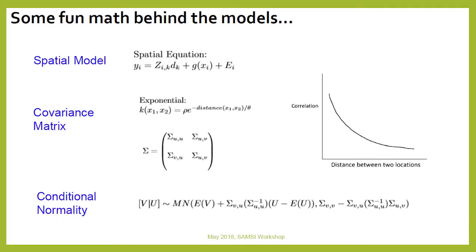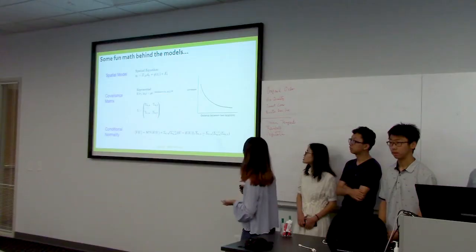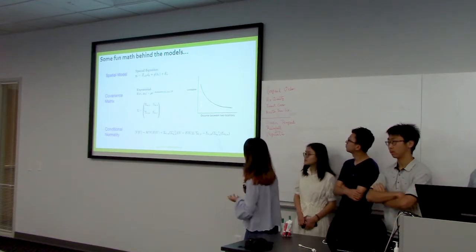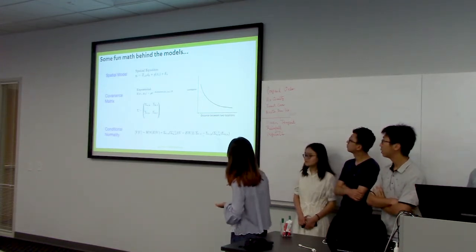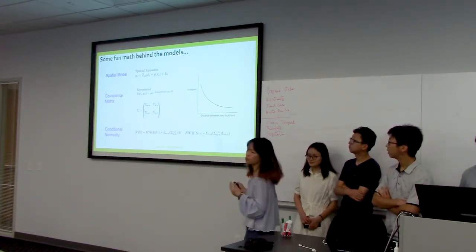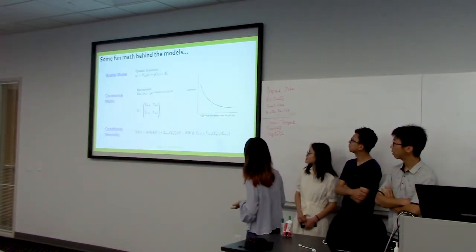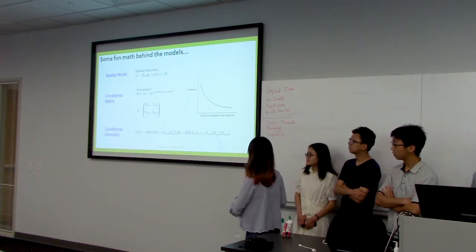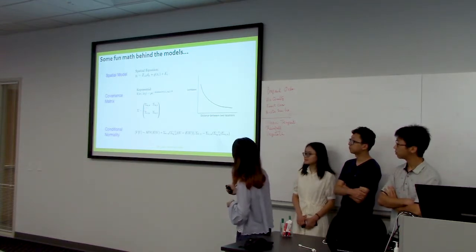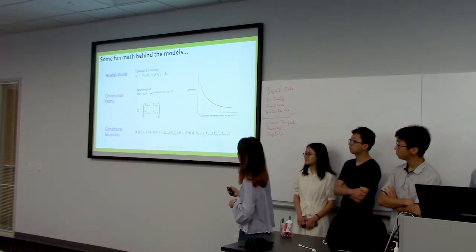Let's look at this plot, this graph. It resembles the real world case where the correlation between two locations goes down with increasing distance between the two locations. That's why we chose this exponential function.